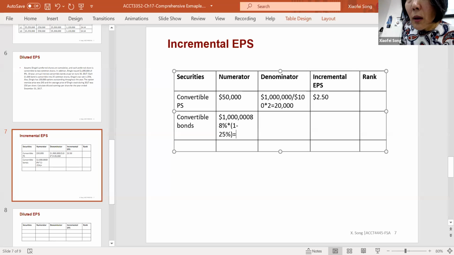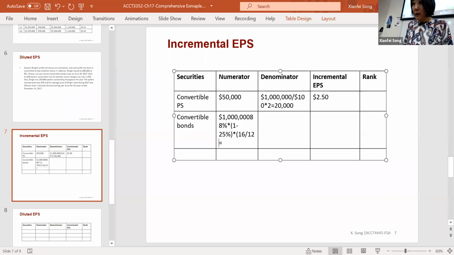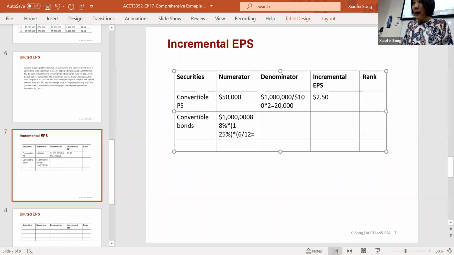Also, these bonds were issued on June 30th, so they were only outstanding for half the year, 6 out of 12 months.